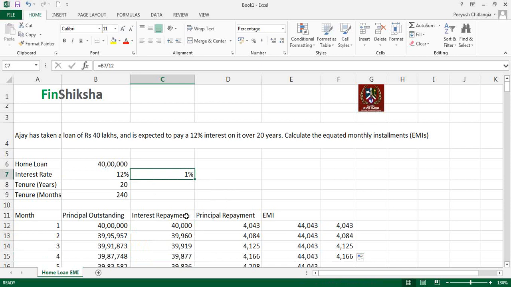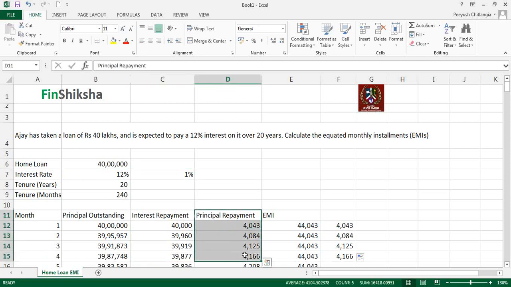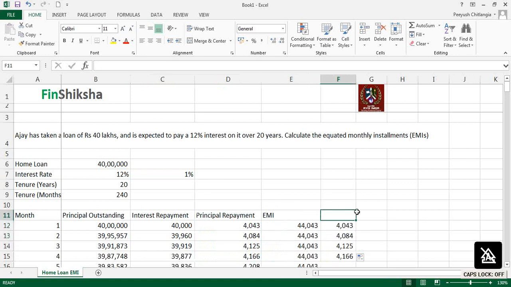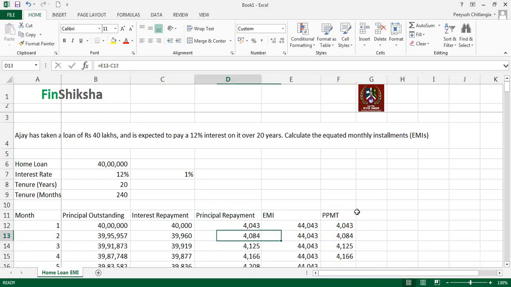And then you can calculate interest repayment and finally get to the principal repayment using what we did here. Or you could calculate the EMI and the principal repayment using the function PPMT and then back calculate the interest repayment from that function. Either of these two methods is fine.